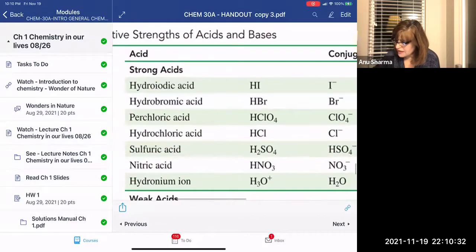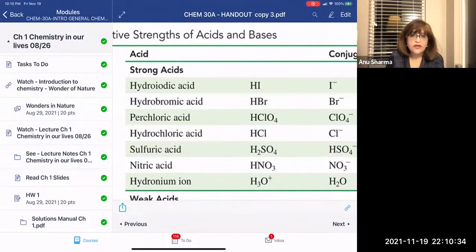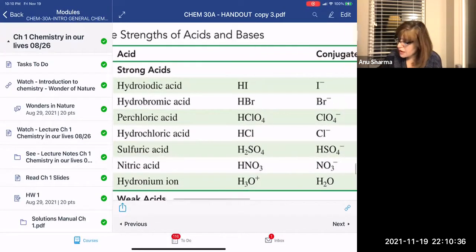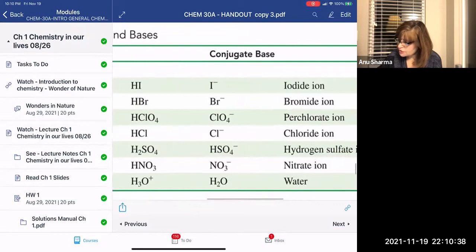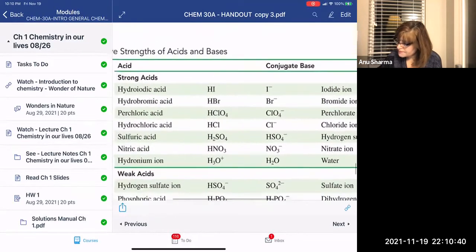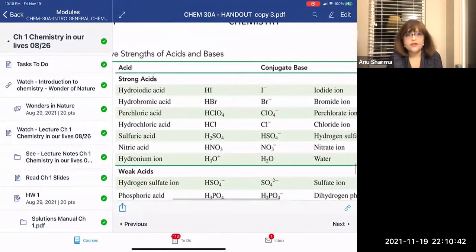So as you can see, hydroiodic acid, minus 1 hydrogen, the iodide ion is the conjugate base. Same is the case with hydrobromic acid, HBr, so the bromide ion is the conjugate base.